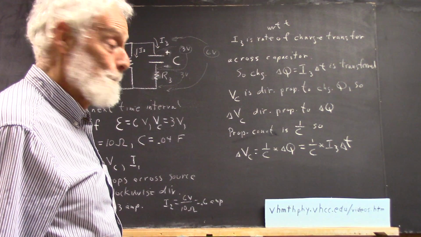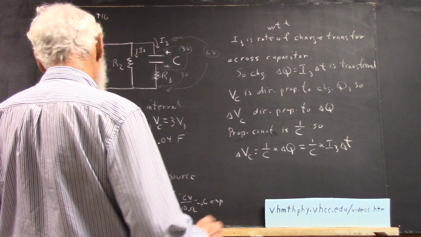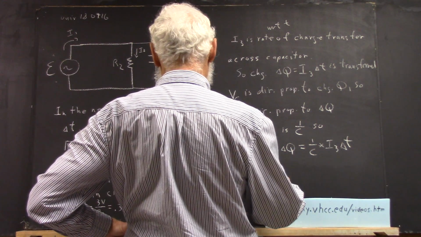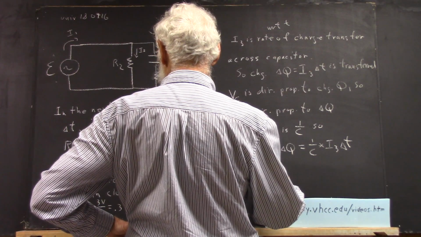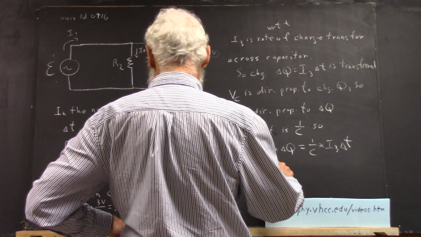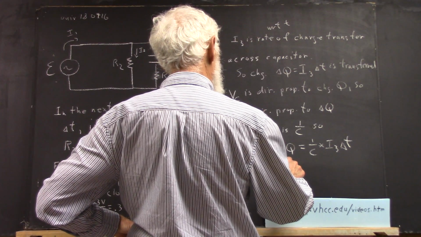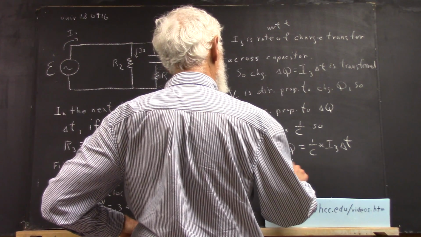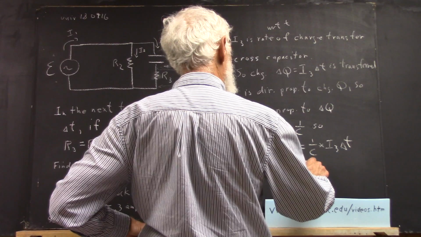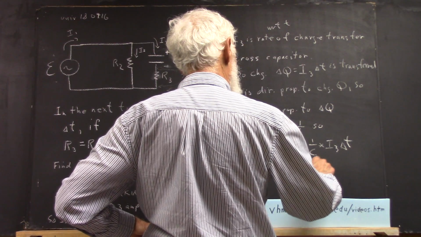Does that make sense? Yes. And in this case, well, that's it. That equals then, in the case that I'm solving with my assumptions, your 0.3 amps, which is 0.3 coulombs per second, times, let's just do it this way, delta T over C.